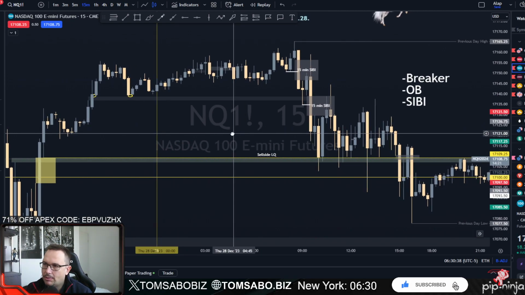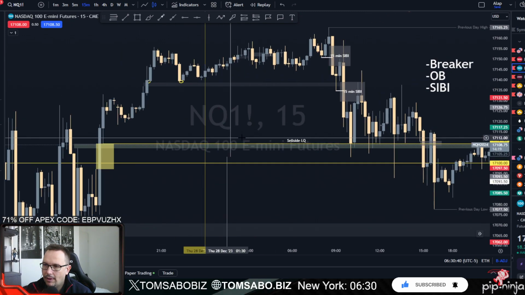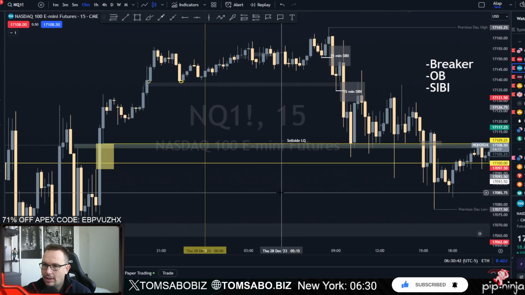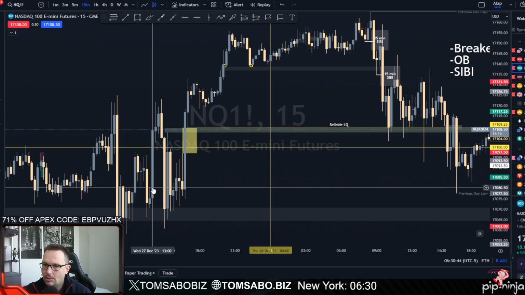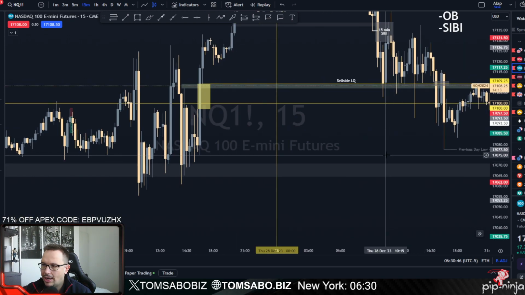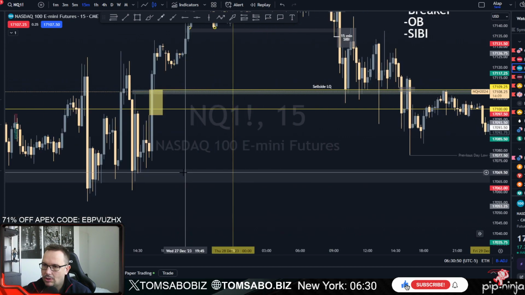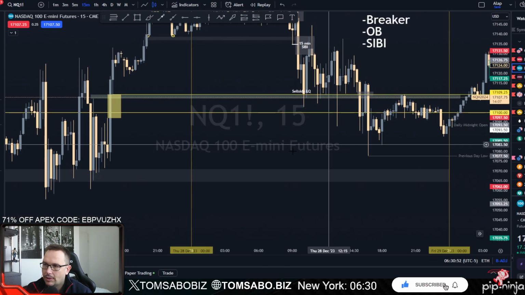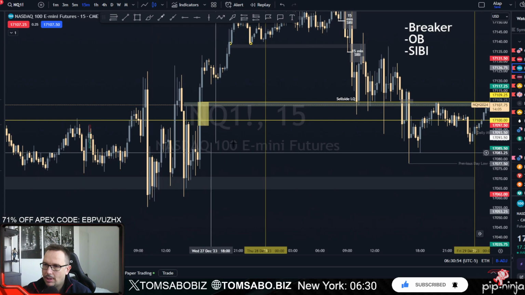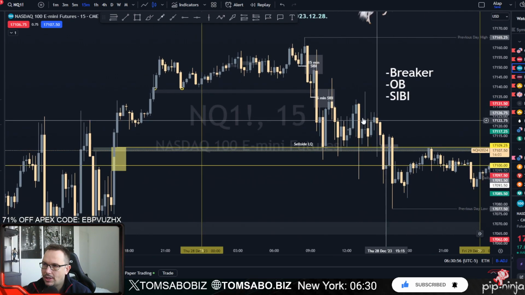Still very important as a target down here, and also if we want to target the lows right around 17,070. This is also kind of a significant level, as price pretty much went up from this area.